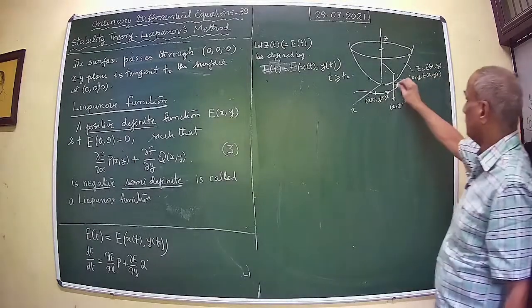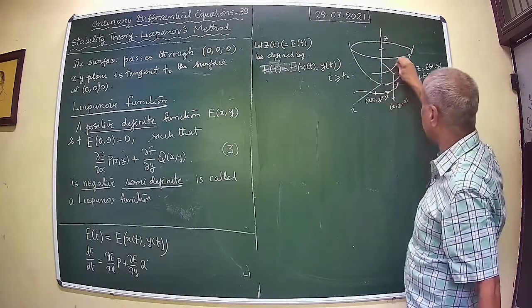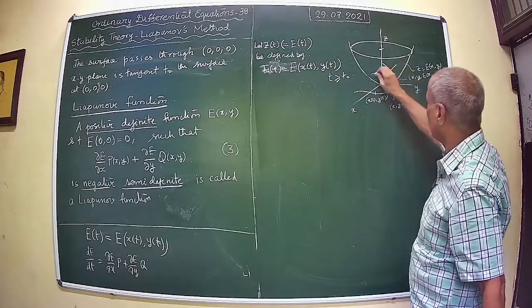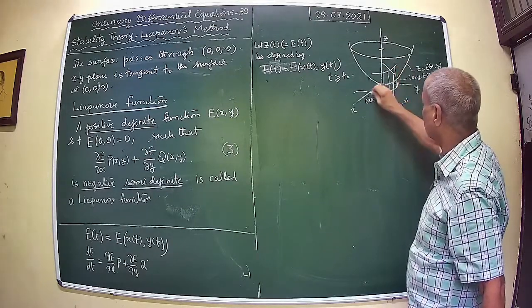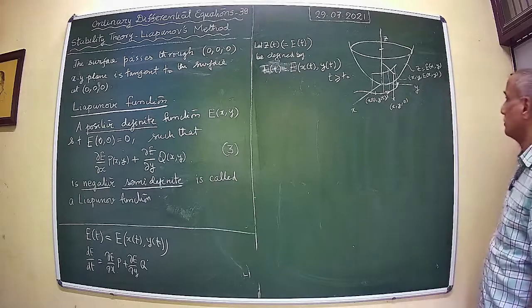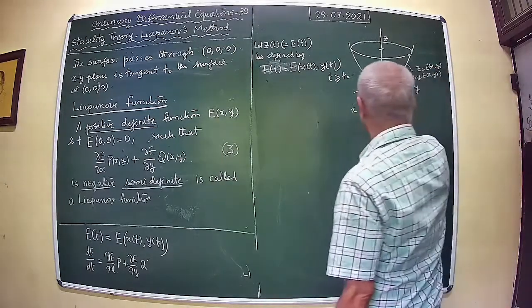Then you see, corresponding to this, there is a curve here on the surface. Okay, so it is on the surface. So this is your E(t).